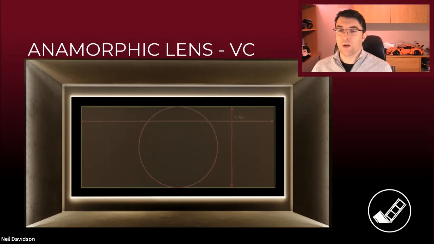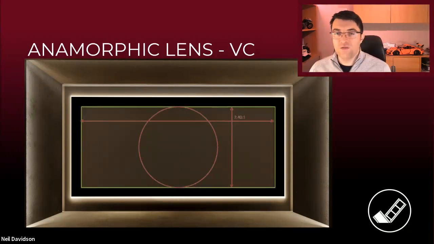Now, once you've done your electronic stretch, when the lens is in place, the lens actually squeezes it, vertically compresses the image that's passing through that. So what that means is that rather than having any overscan, everything is now on the screen. That's been done with an optical process within the lens itself.